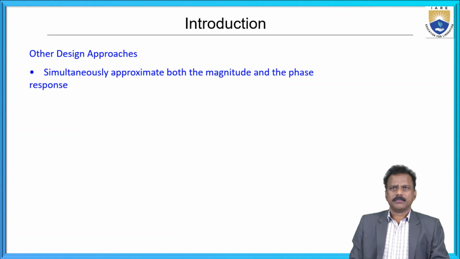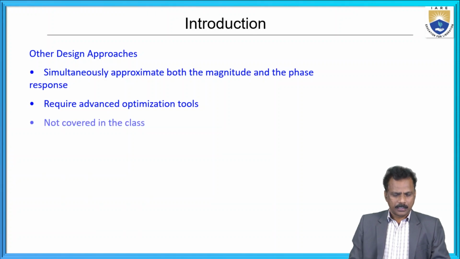If you want the phase response, go for this design approach. Approach 1 and approach 2 have a disadvantage; to overcome it, you go for other design approaches that simultaneously approximate both magnitude and phase response. Here, optimization tools are required, which are not covered in the SPT, but are somewhat required.